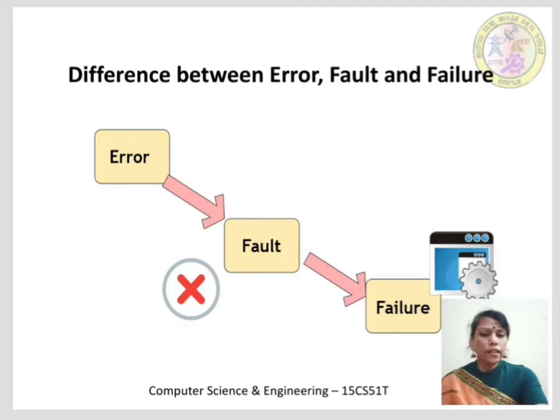So we can say that a mistake made by humans during coding is called an error. An error found during the testing phase is called a fault or defect. A fault to be resolved by the development team is called a bug. And when a build does not meet its specification, then it is termed a failure.